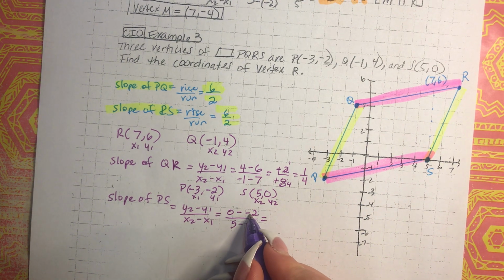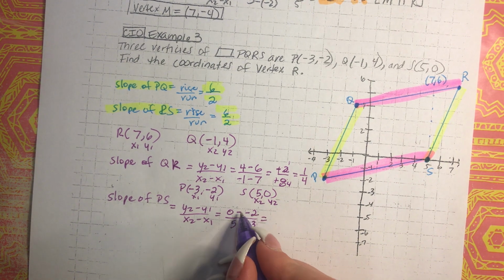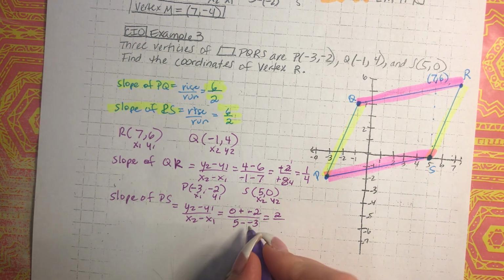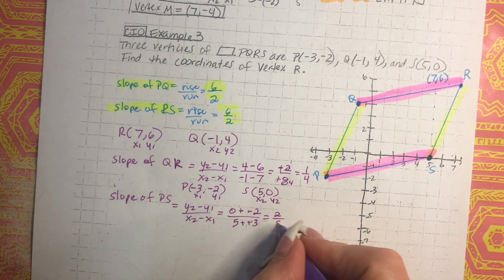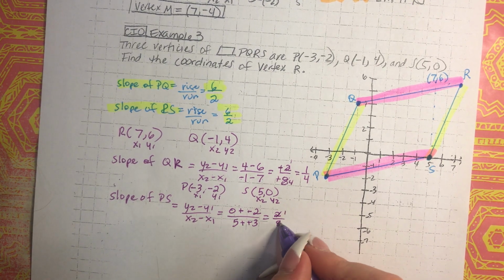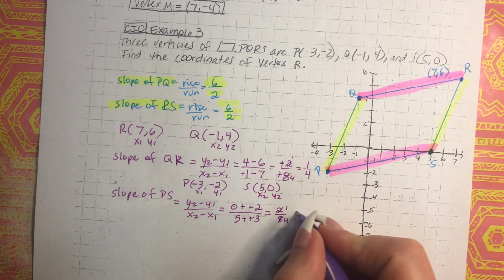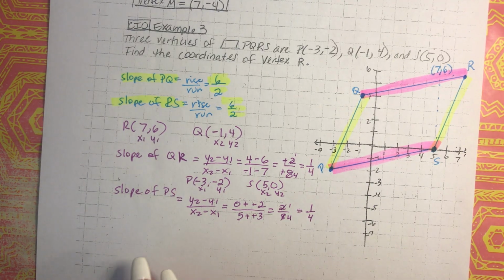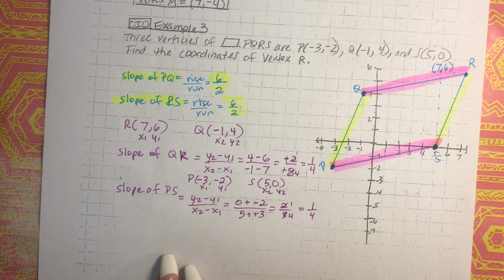A negative, -2, that's positive, right? So 2. And 5 minus a -3, those are positive. 5 plus 3 is 8. And then 2 goes into 2 one time. 2 goes into 8 4 times. So we end up with 1/4. So there we have it. Those slopes are the same.